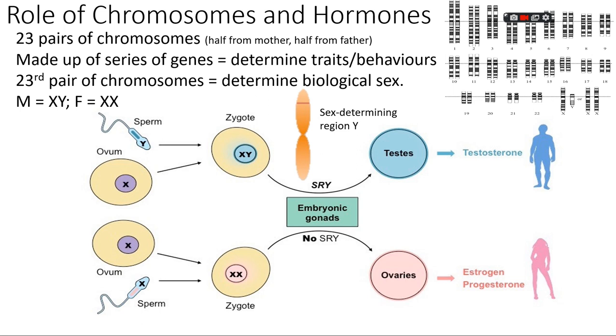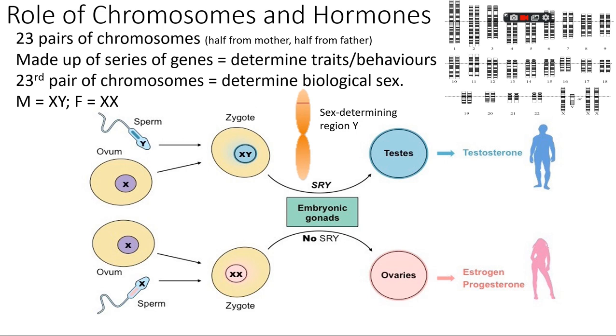So if we follow the top part of the diagram initially, you can see that there is an ovum that would be in the mother, and that gets fertilised by a sperm carrying a Y chromosome. The combination of the X egg in the ovum and the Y sperm creates a zygote that is XY.